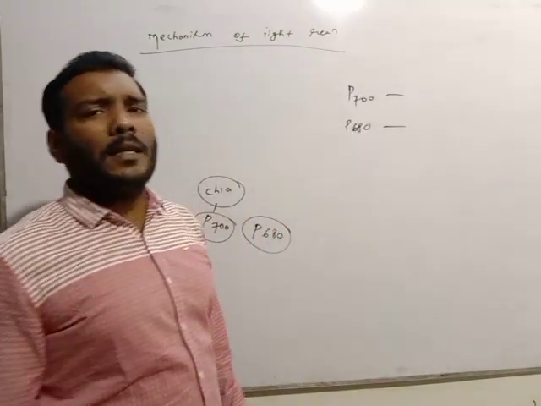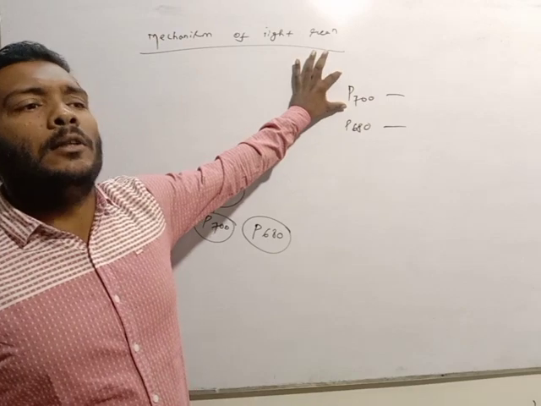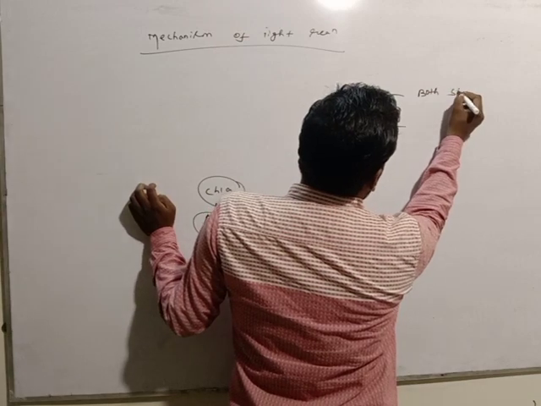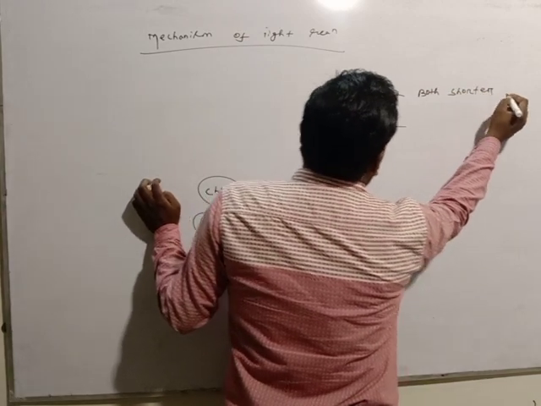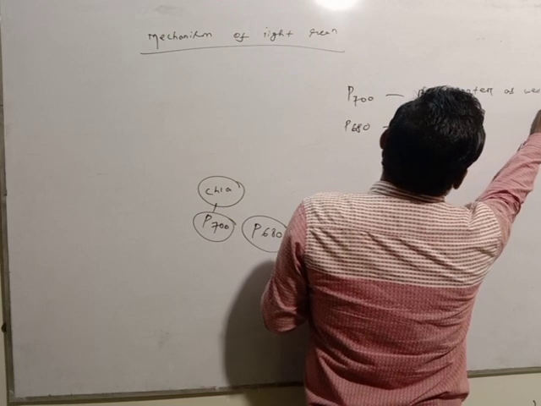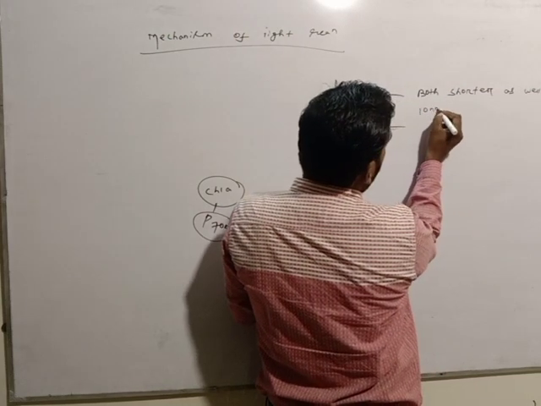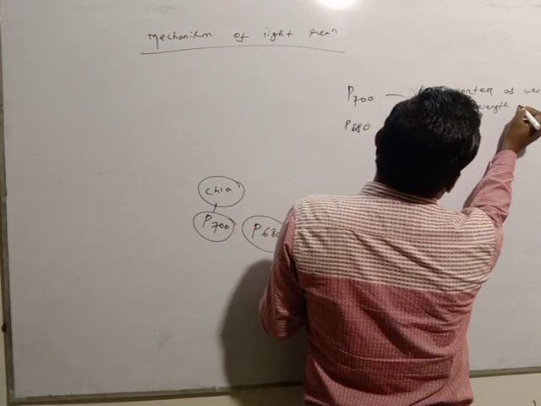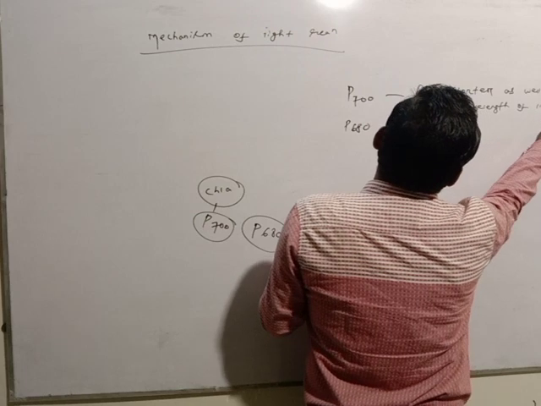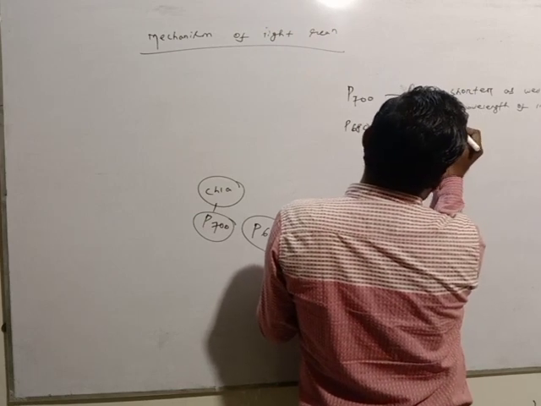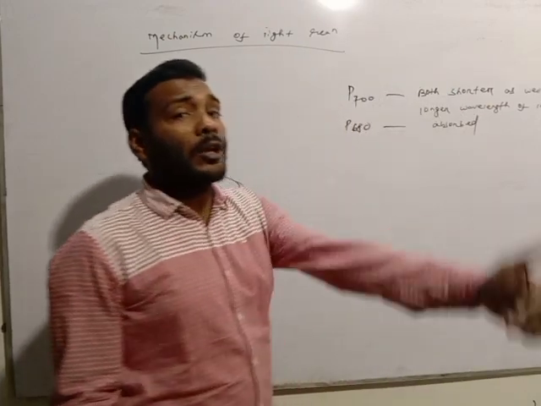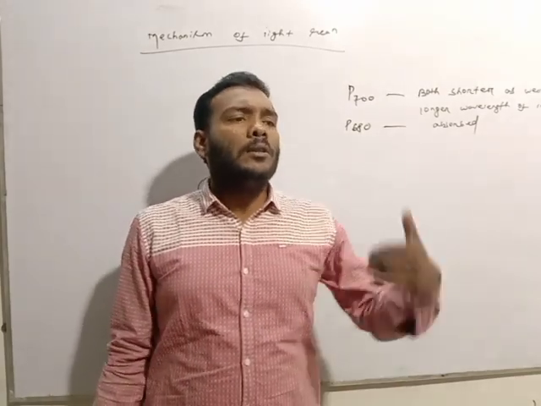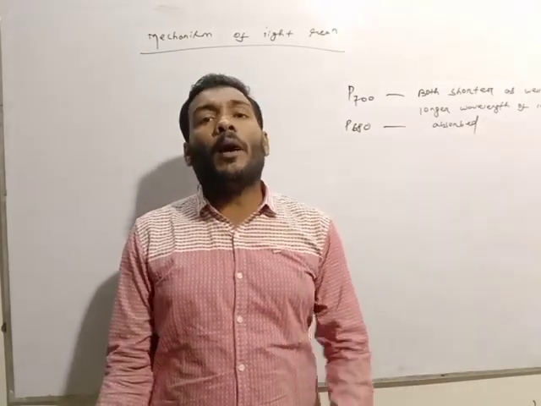The major differences: in P700, both structure as well as longer wavelength of light is observed. Between 700 and 680, if it is 700, which is higher than 680, we call it longer.